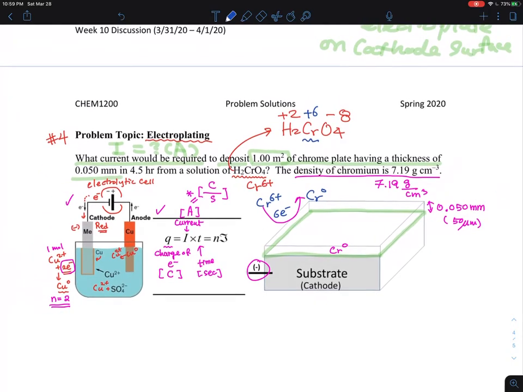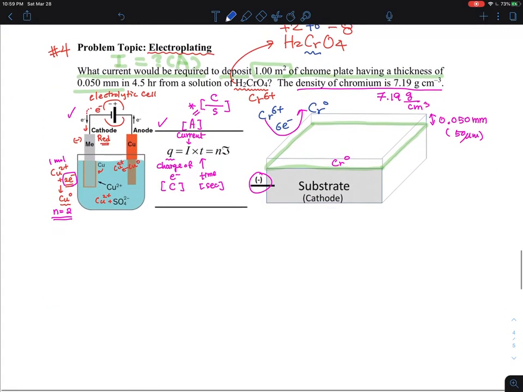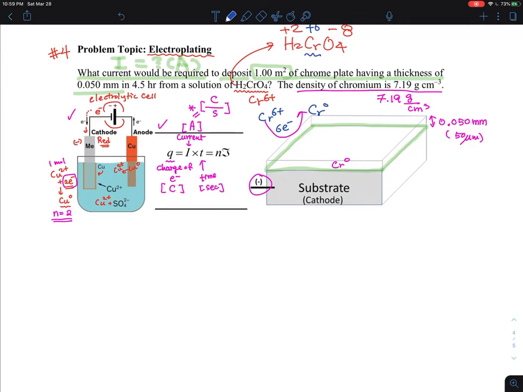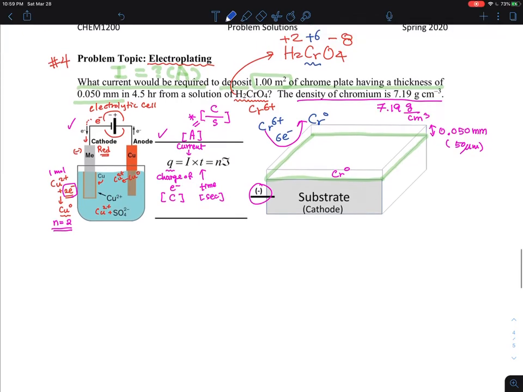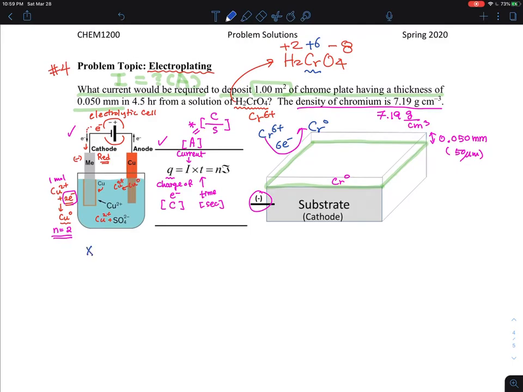So let's do this one by one. Once again, I want to mention the concept of the Faraday constant. This is important, so I want to emphasize it one more time. The Faraday constant is 96500 coulombs per 1 mole of electrons.